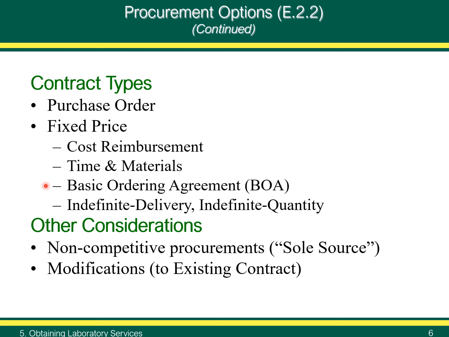BOAs establish the terms and conditions for indefinite delivery requirements, that is, unknown quantities of task orders or analyses, or unknown delivery dates for analyses or task orders, or both.